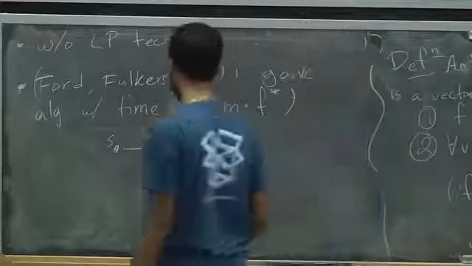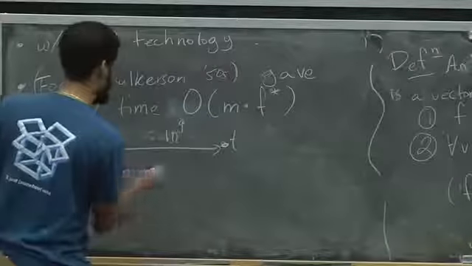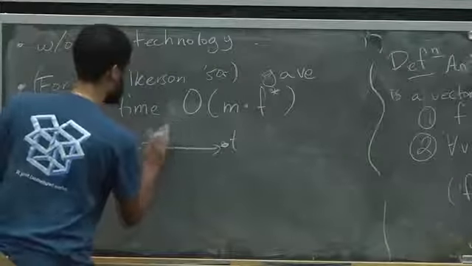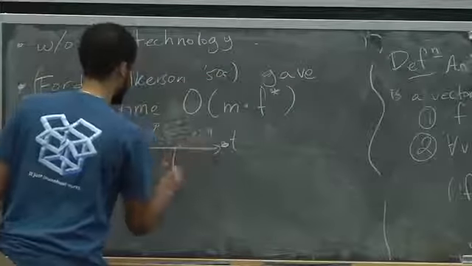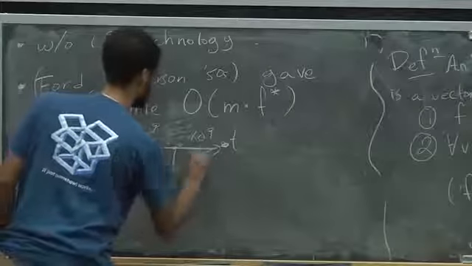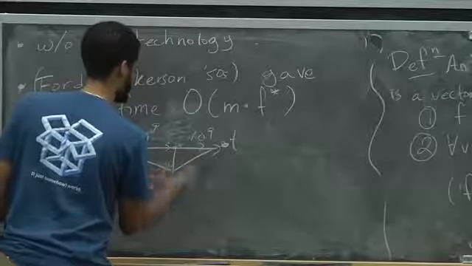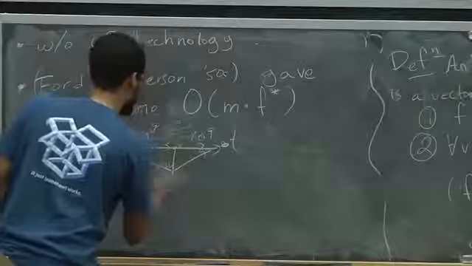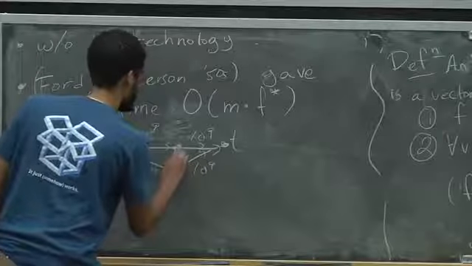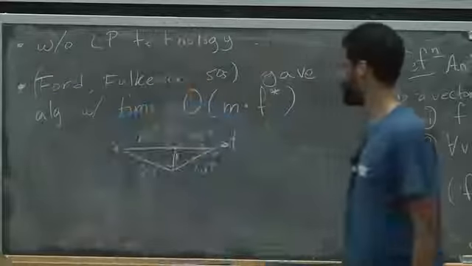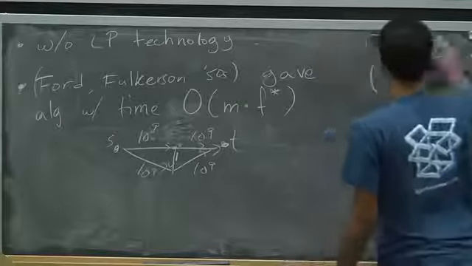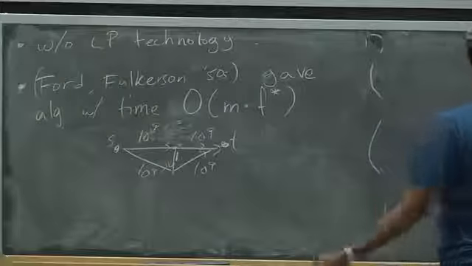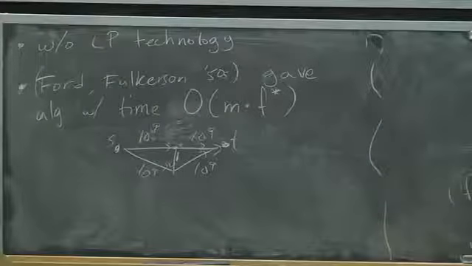But if you just modify this graph slightly, and then put 1 capacity here, their algorithm could take 1 billion steps if you're not careful. Okay, good. But if your capacities are all 1, then that's not terrible.